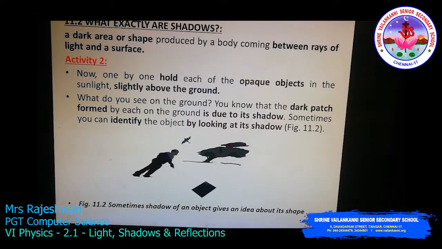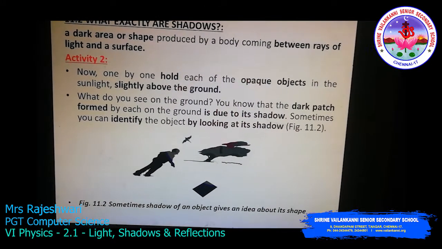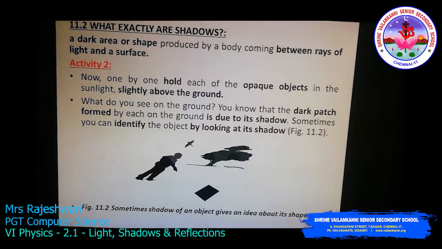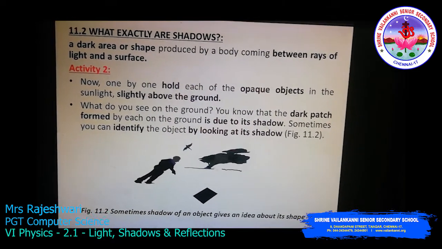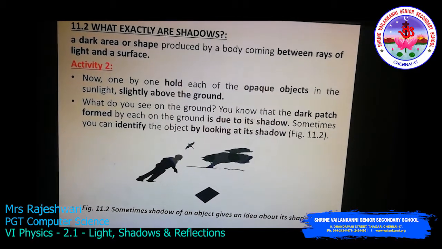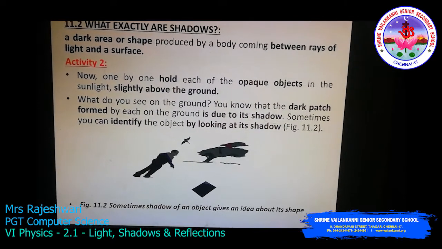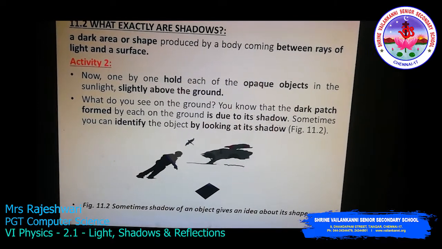To do this activity, just hold any opaque object, an object that light cannot pass through, like a book, a pencil, a pen, or a cell phone, slightly above the ground.